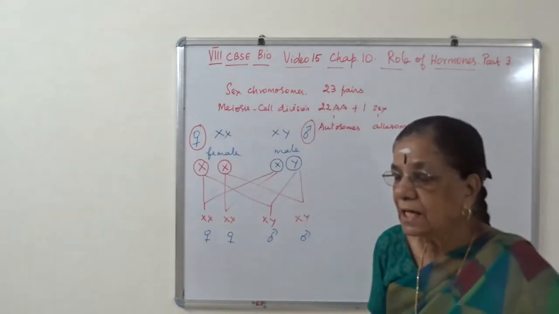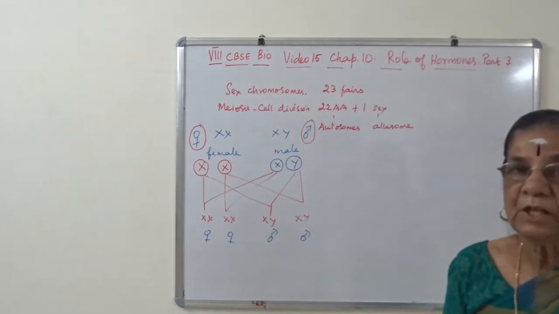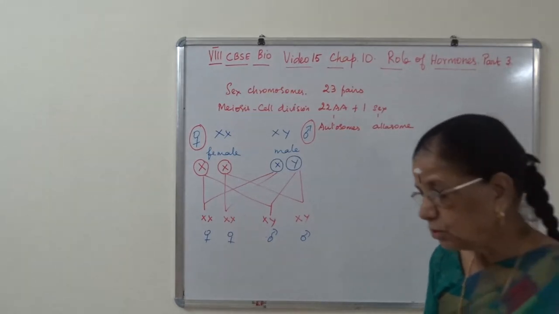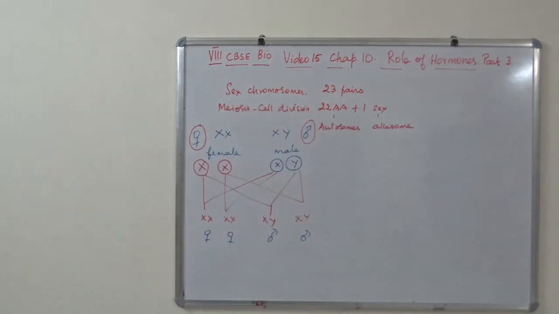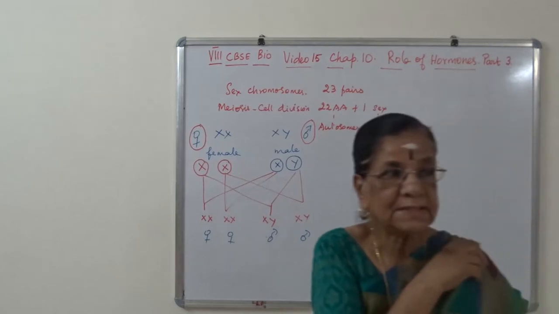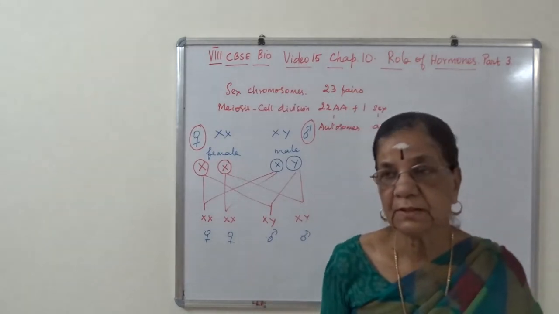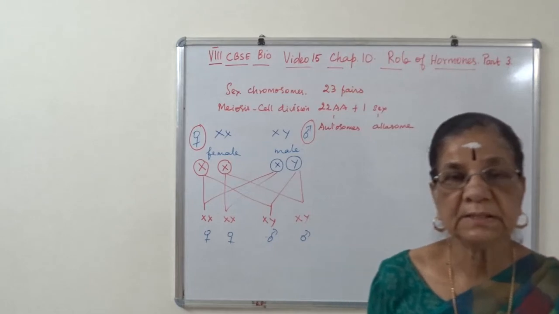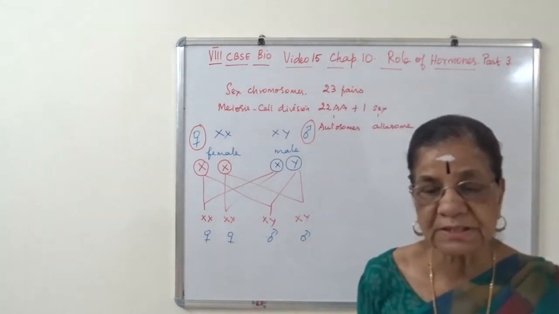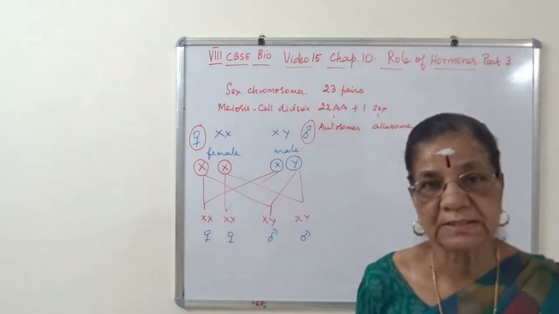Now the sex hormones, as I said, are testosterone in male and estrogen in female. These hormones take part in the formation of the gametes. Male gamete formation is called spermatogenesis, and ovum formation is known as oogenesis.